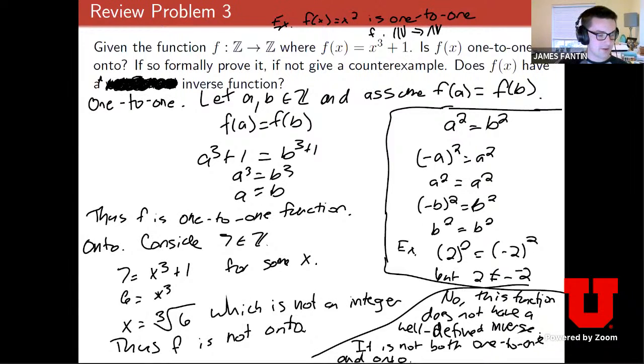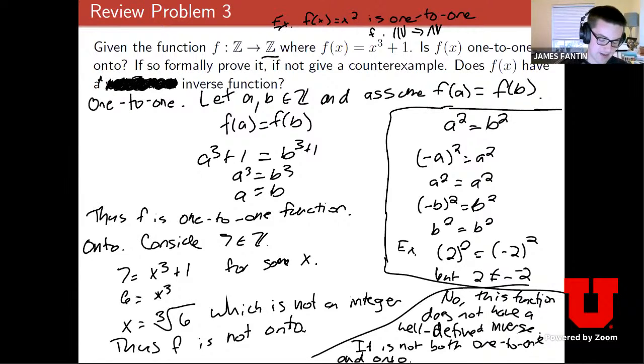But be careful if you want to prove it that way. If you wanted to prove a function was one-to-one and onto, you could prove that the function has an inverse, but be careful down that road, because you often have to be very careful with how you look at the domain and codomain to determine if the inverse you have found is actually well-defined. So it's actually a function, maps every element from the domain to the codomain, and is indeed the inverse function.